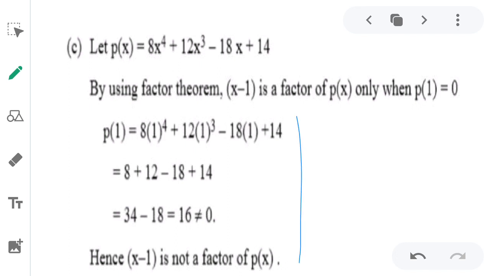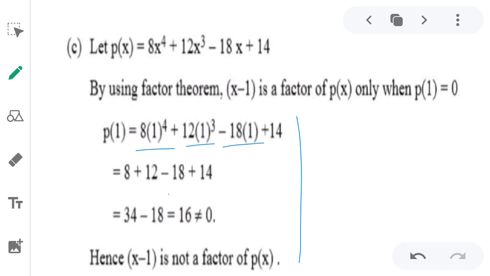Now again it is replaced like this: 8 into 1 power 4 plus 12 into 1 power 3 minus 18 into 1 plus 14. 8 into 1 power 4 is 1, so 8 into 1 is 8, plus 12 into 1 cube is 1, 12 ones are 12, minus 18 into 1 is 18, plus 14.